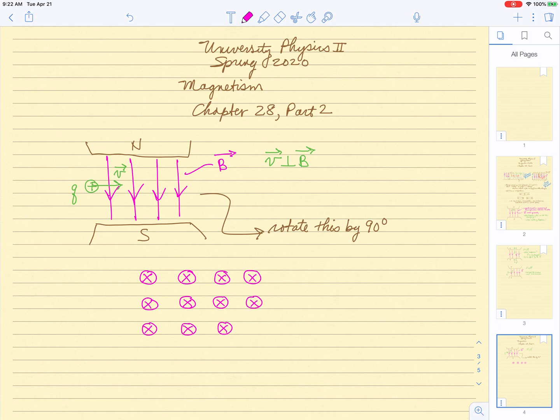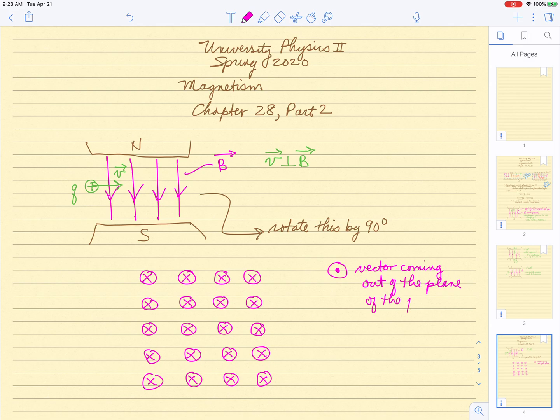So this vector designation is quite common in physics whenever we're dealing with 3 dimensions. So if we have a circle with a little dot in it, it means that this is a vector coming out of the plane of the paper.